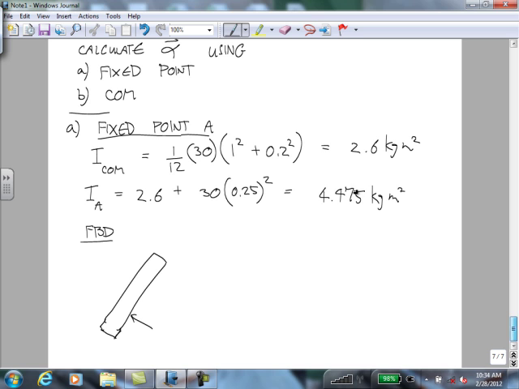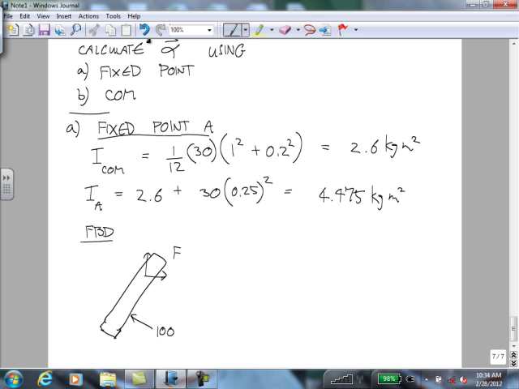There would be mg, except that I said this is a view from above, so that's just not appearing in this problem. There's this force, right, the one we're applying, but there's also one other force at the pin, right? If there wasn't a force at the pin, this thing would just translate off into space. So there's also a force vector here.